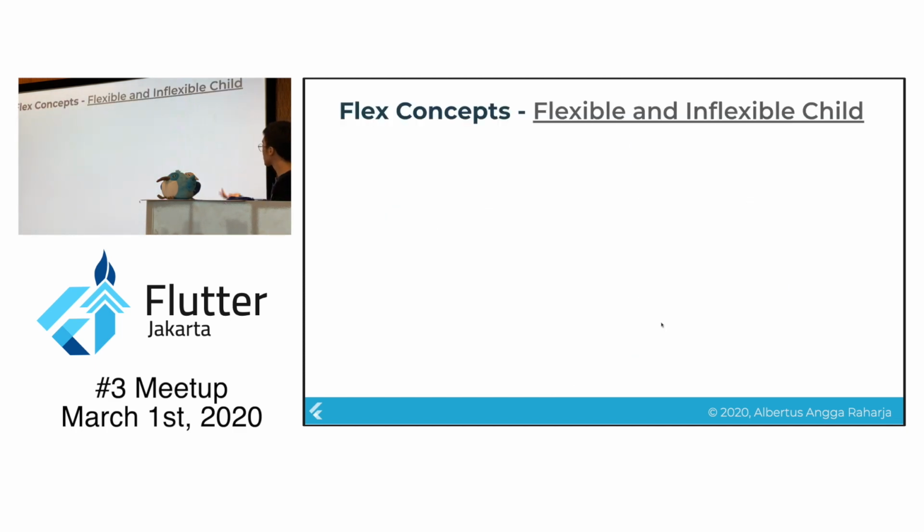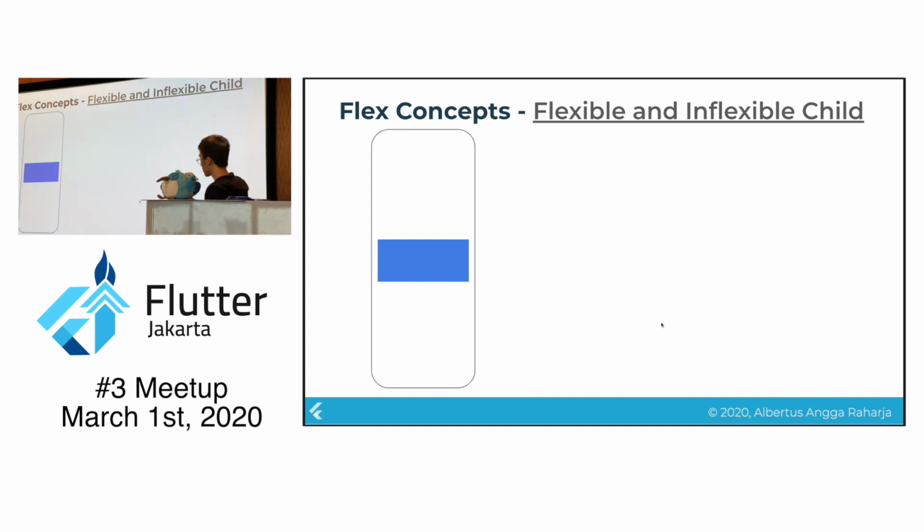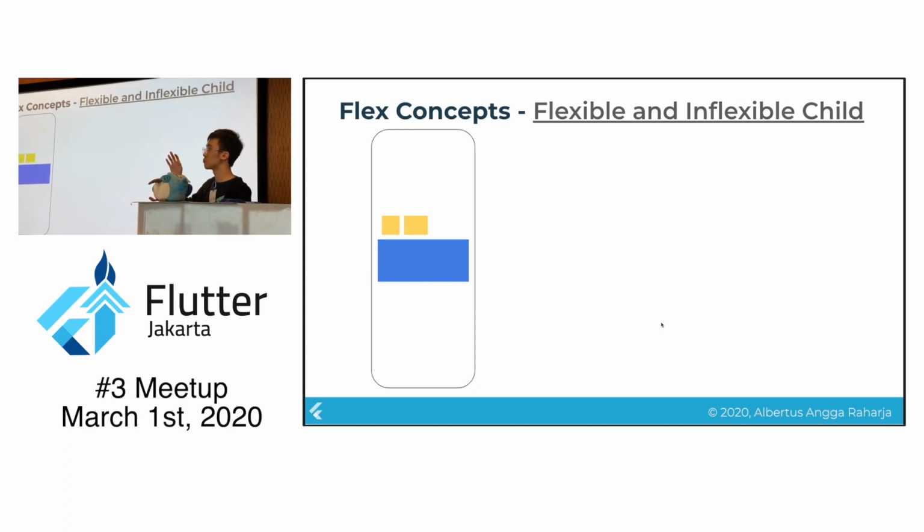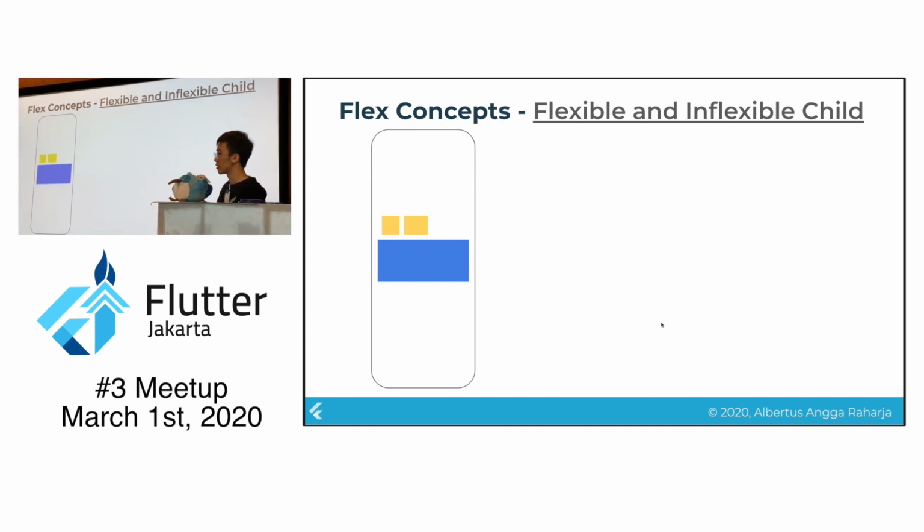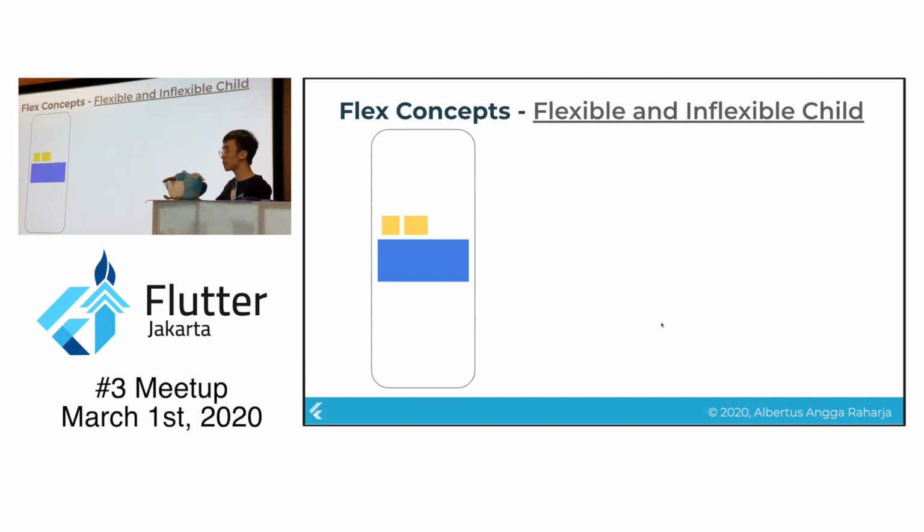So the next concept is flexible and inflexible child. So assume we have a screen. This is a row widget. And then we have three children. The first two children are inflexible. What does it mean by inflexible? An inflexible child is a child widget that doesn't have a flex factor set to it. So how do you set the flex factor? To set the flex factor, you have to wrap your child widget with an expanded or flexible widget.